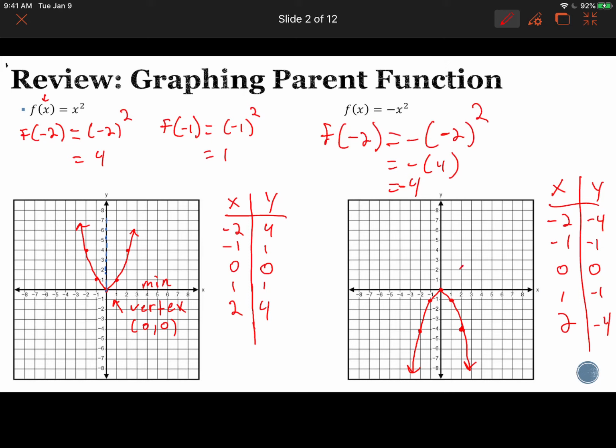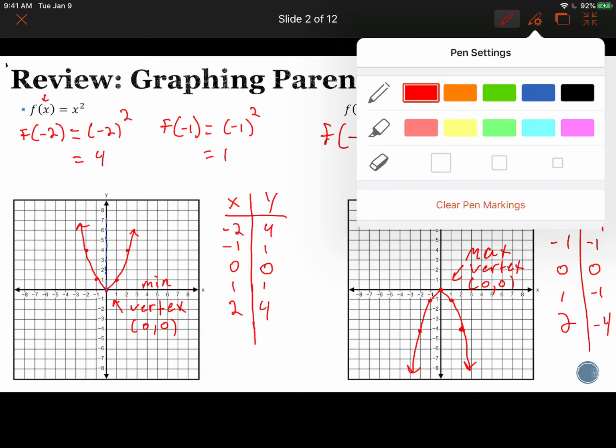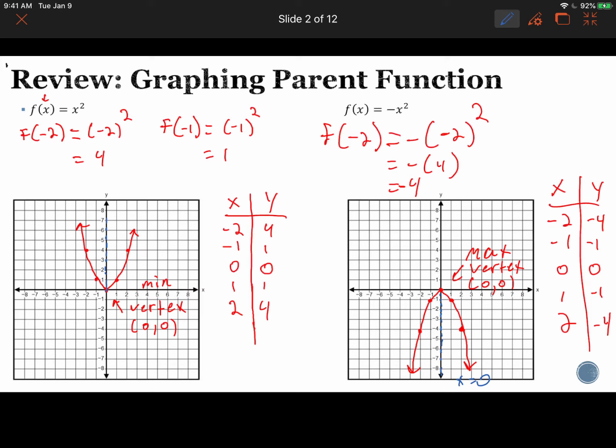And I now have a maximum as my vertex. And this is still at the origin, 0, 0. The axis of symmetry is the same, at x is equal to 0. Now we have a few more examples to go before we continue into vertex form.